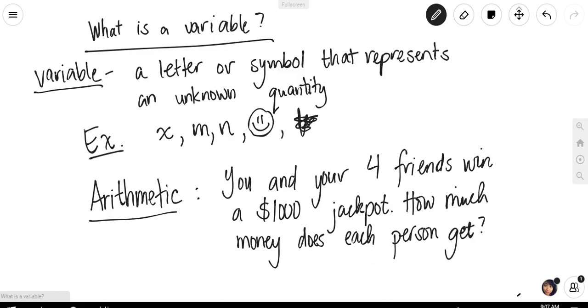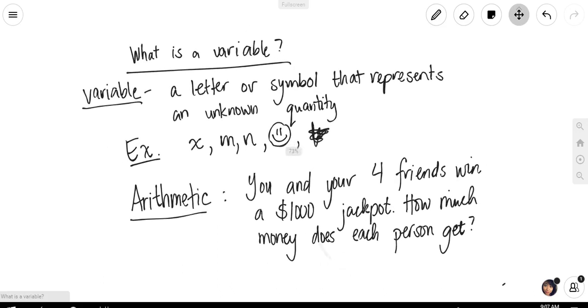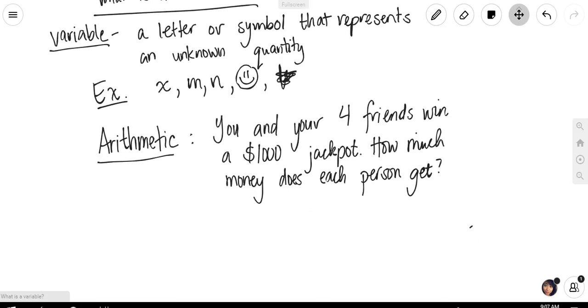Well, we know that you won $1,000 and there are you plus your 4 friends. So we're going to divide this $1,000 amongst 5 people, and we would get that each person receives $200.